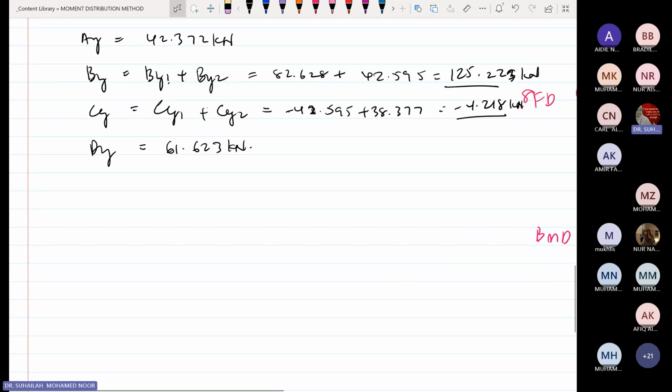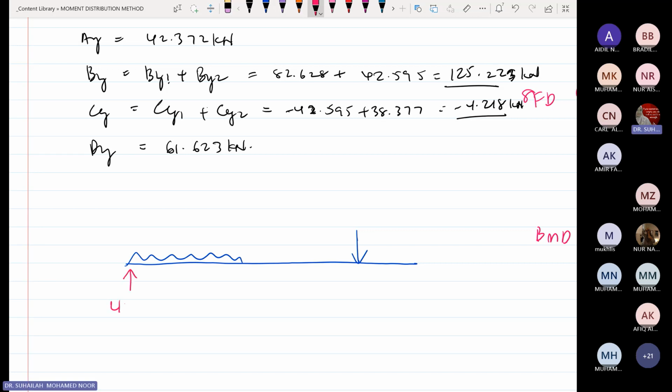Okay. If you want check for equilibrium, yang ni just for checking ya, kalau kita nak put all the reaction that we get in one beam. So UDL here, point load dekat sini. Okay, AY 42.372, BY is 125.223.